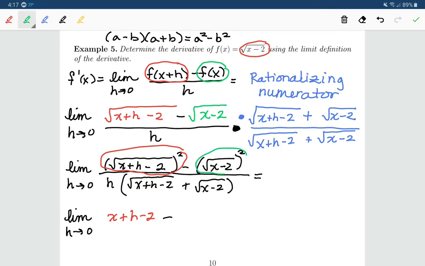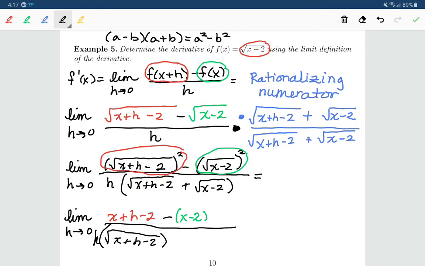And then here, when we square this, remember to open up your parentheses, we'll just get x minus 2, all over h times the square root of x plus h minus 2 plus the square root of x minus 2.